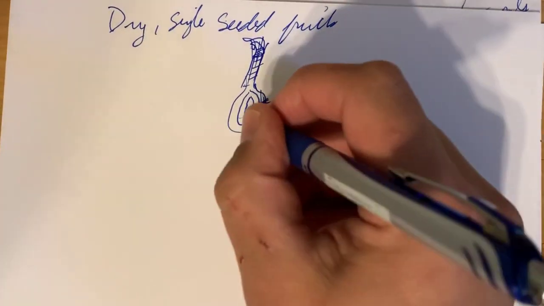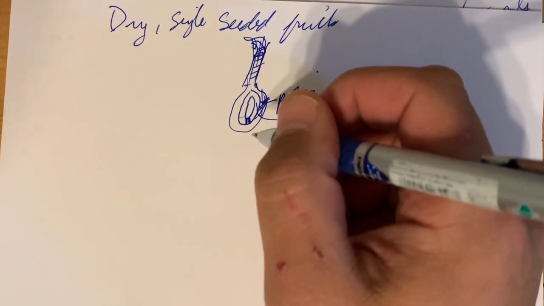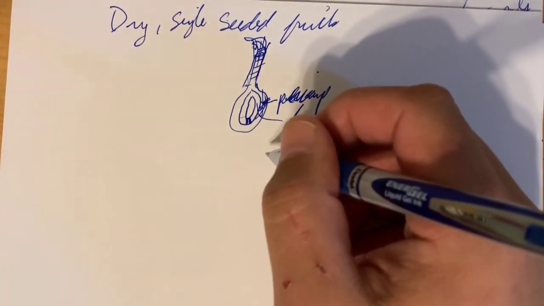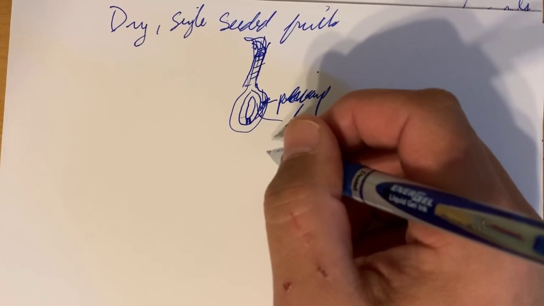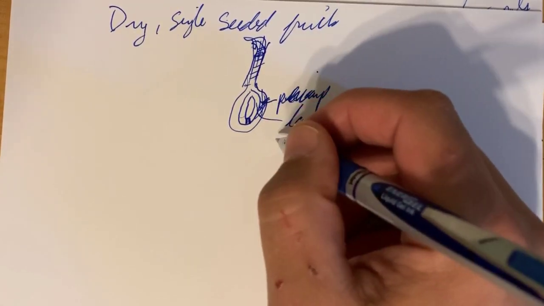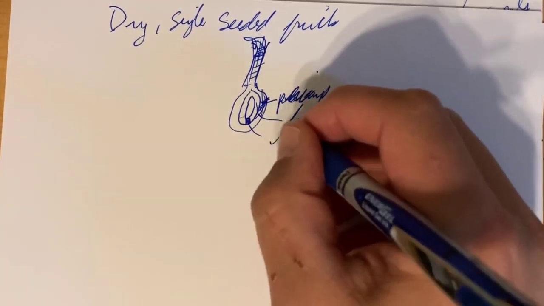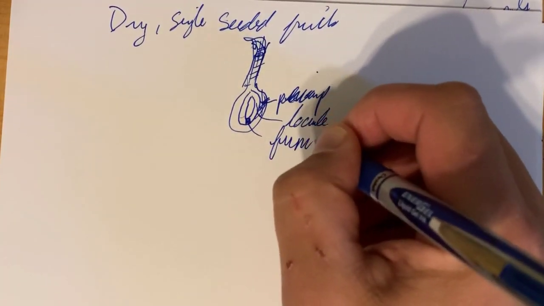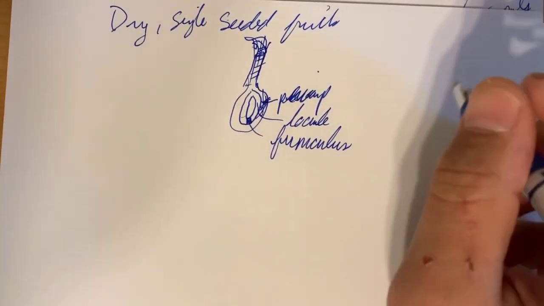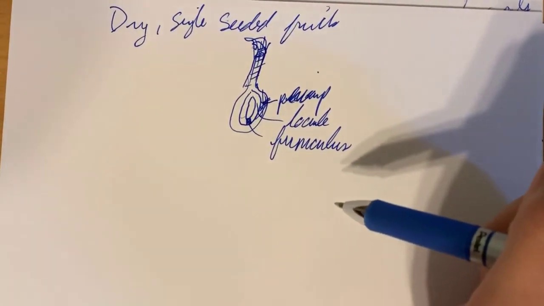And then the seed is usually attached to the wall of the pericarp by this portion that we call a funiculus, even though it kind of looks like funiculus, but it's few, like F-Y-O-O for that pronunciation, funiculus, okay?